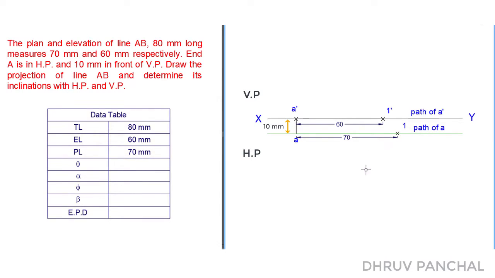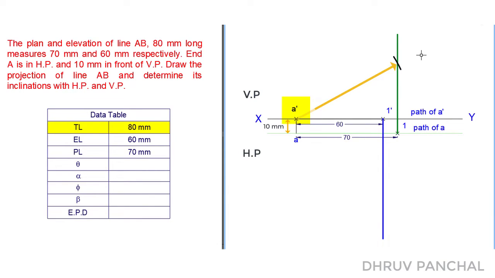With the help of a ruler scale, from point 1', draw a vertical line in the downward direction of any dimension. Similarly, from point 1, draw a vertical line in the upward direction. With the help of a compass, take 80 mm distance as a radius and point A' as a center.